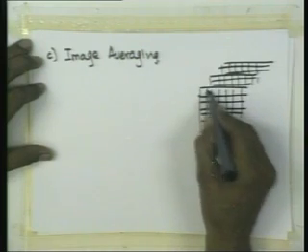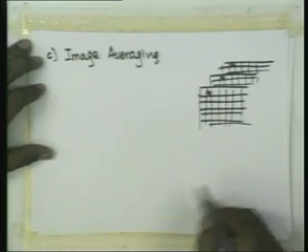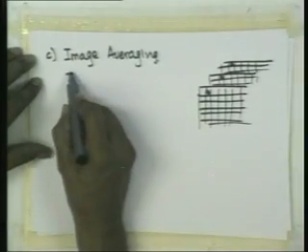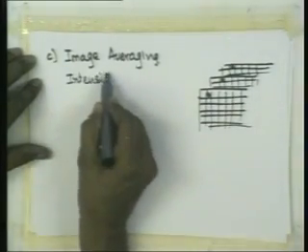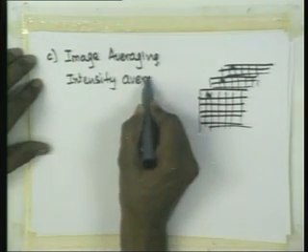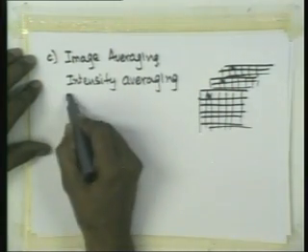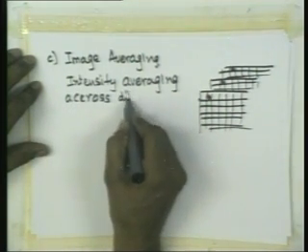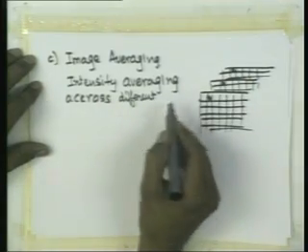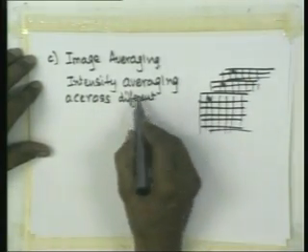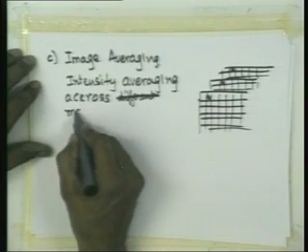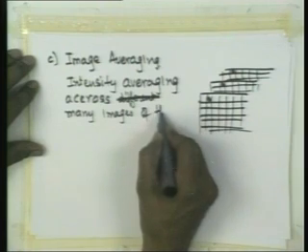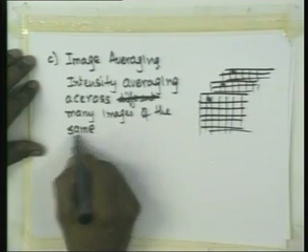So if I take all the corresponding pixels and find the average of the intensities, then this is called image averaging. So this is intensity averaging across many images of the same scene, right.